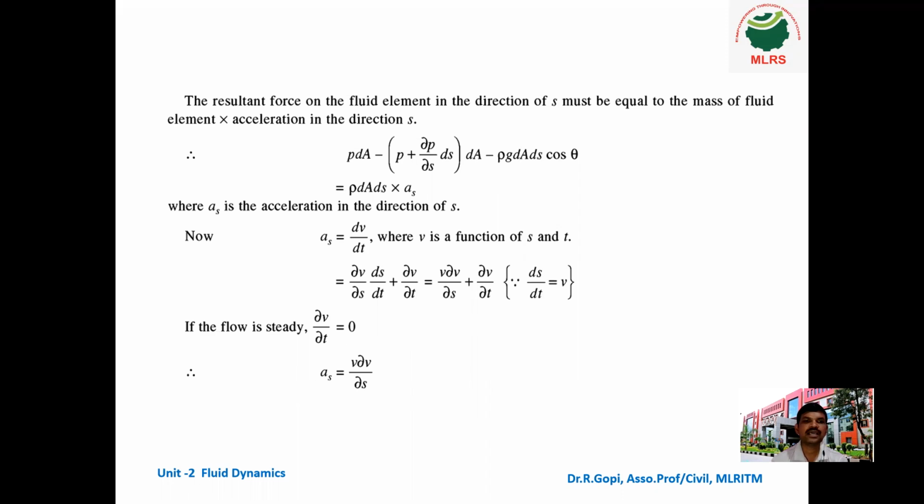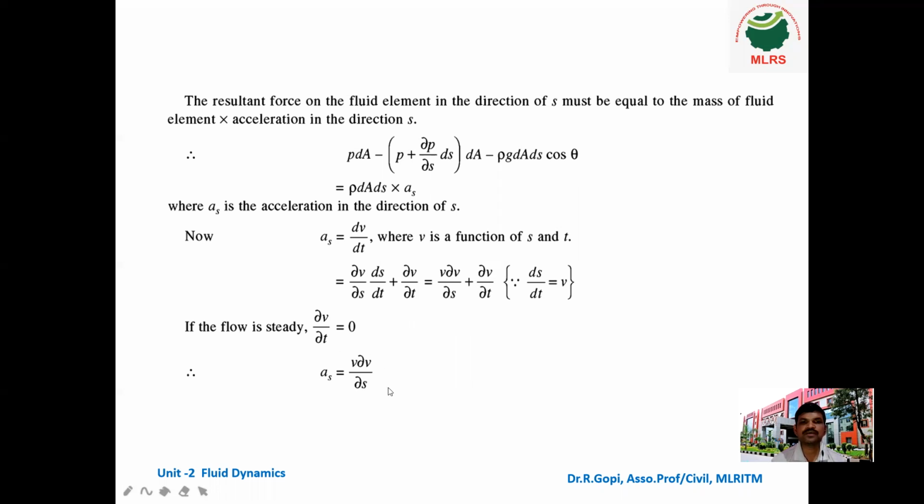This is the acceleration in the direction of s. So this term ∂v/∂t will get 0 because the flow is steady. So what is the balance thing? a_s is equal to v into ∂v/∂s. This is the balance term.